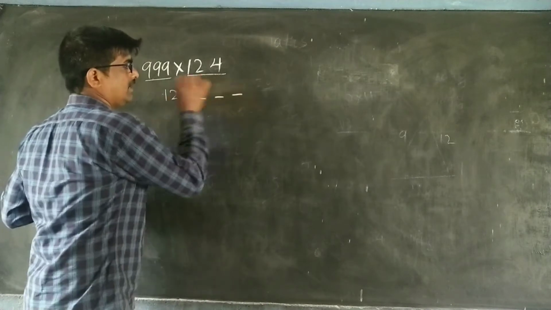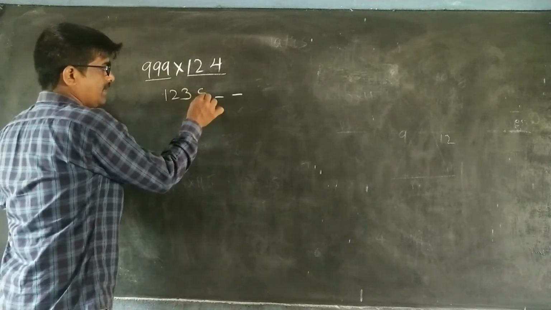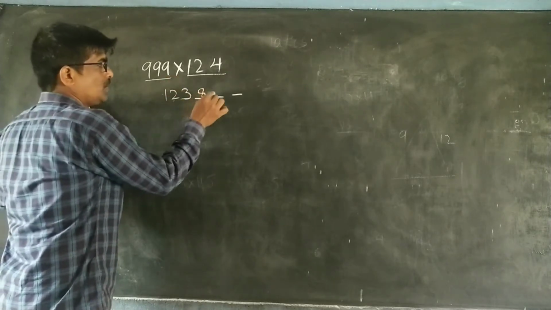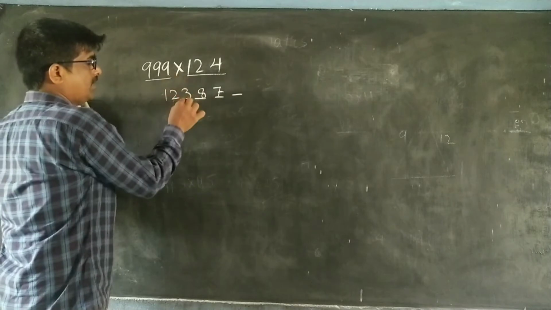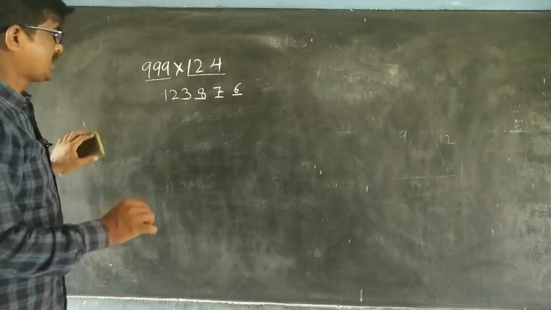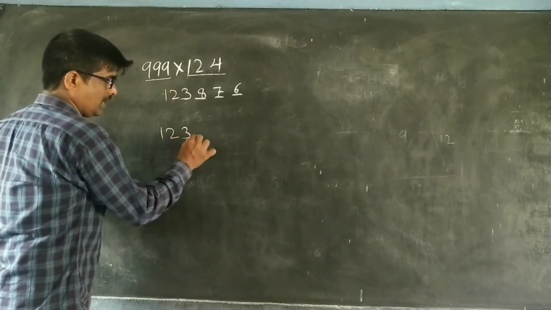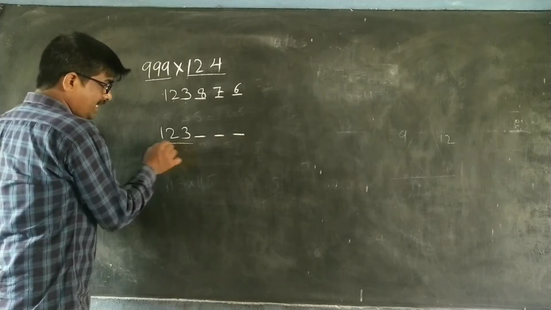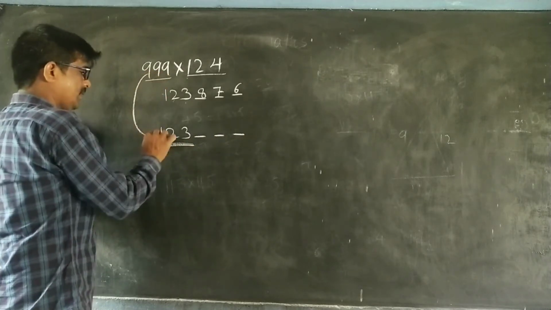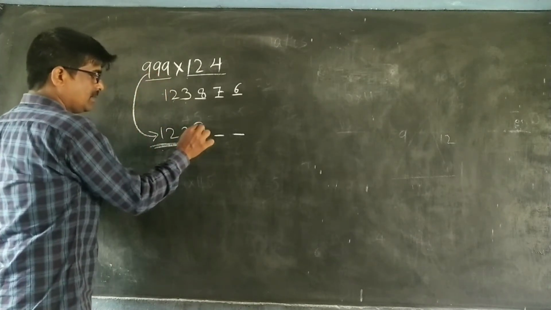After 3, first 9 minus 1 is 8. 9 minus 2 is 7. 9 minus 3 is 6. Let me explain once again. As it is, I write 1, 2, 3. Then after these 3 digits, subtract from 9. 9 minus 1 is 8.